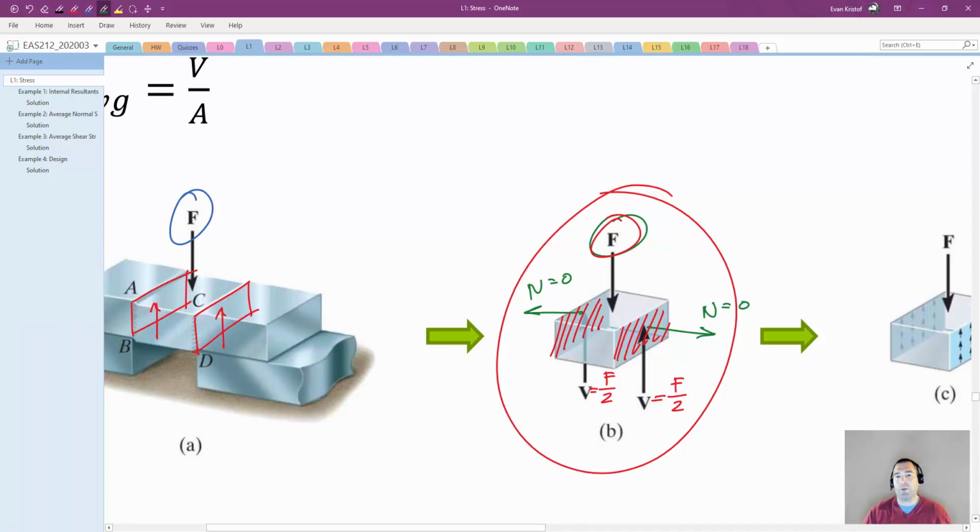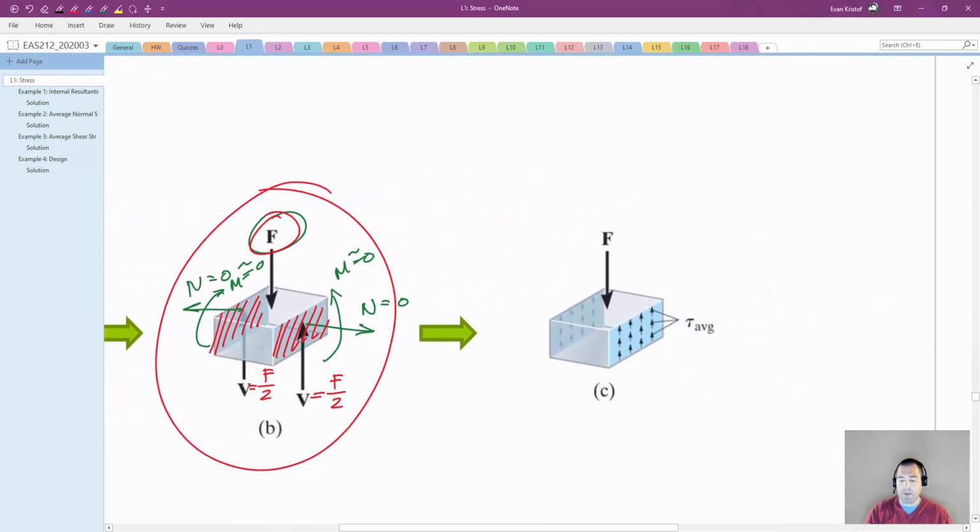So even though they're equal to 0 and we don't show them, you can, in the back of your mind, think about every time that we make a section cut, normal force, shear force, and eventually bending moment acting on those as well. So here there could also be a bending moment, but we're assuming that's equal to 0, likely because it's such a small distance and that's going to be relatively negligible. Either way, we're just focusing on the shear force for now.